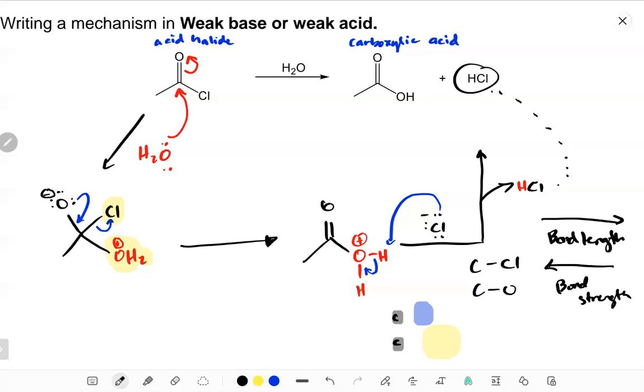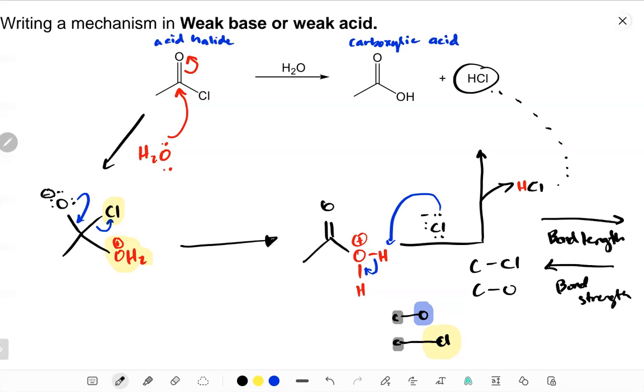Remember that the bond length can be described by the distance between the nuclei of two atoms. So in that kind of depiction, the carbon-chlorine bond will be longer than the carbon-oxygen bond, because that is the effect of atomic radius.